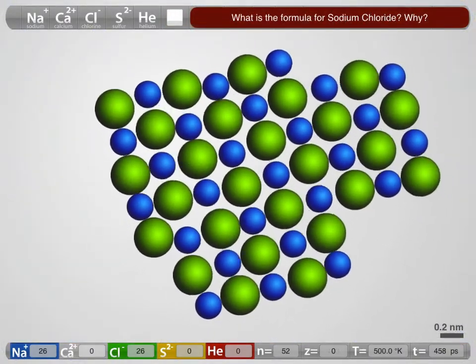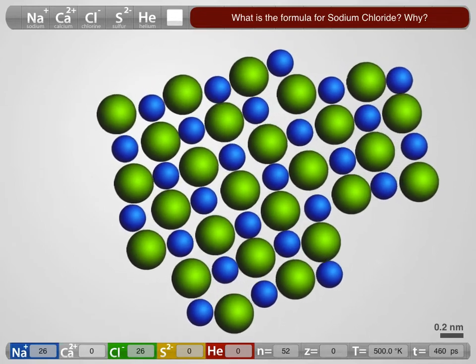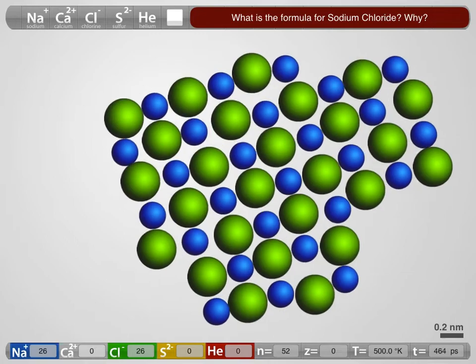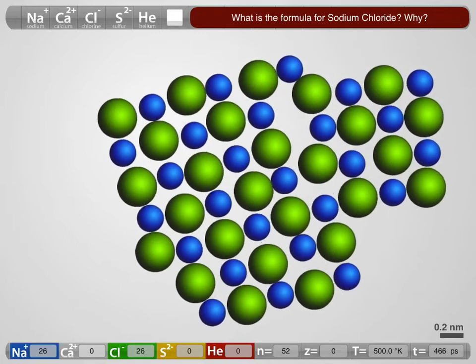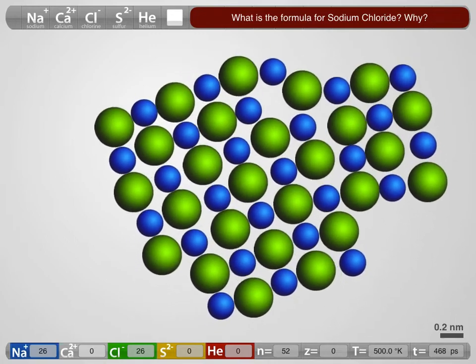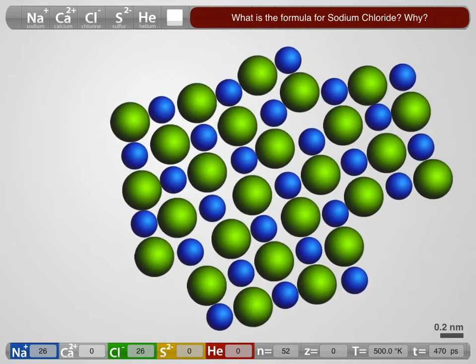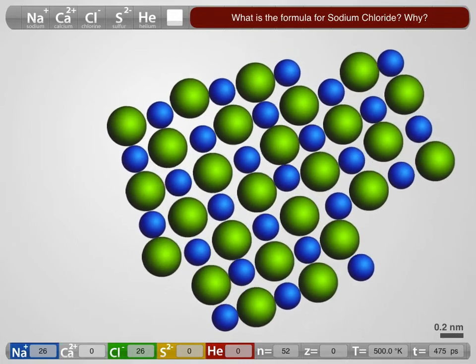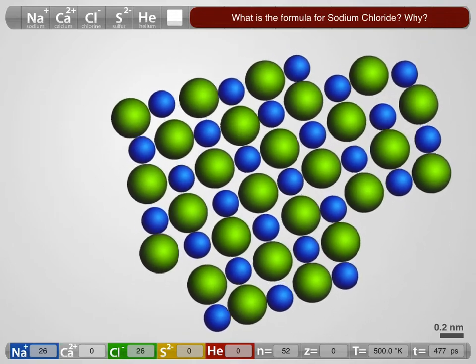And finally, when we add an equal number of sodium ions to chloride ions. This is why ionic compounds have somewhat of a different type of formula than molecular compounds. That is, ionic compound formulas are always in the reduced form of their whole number ratios.